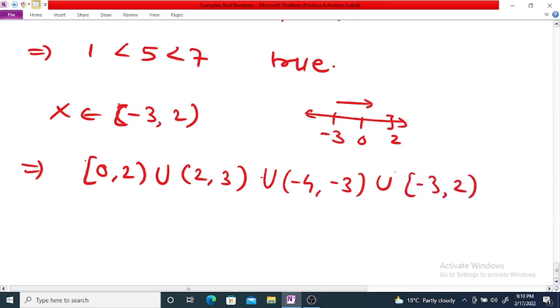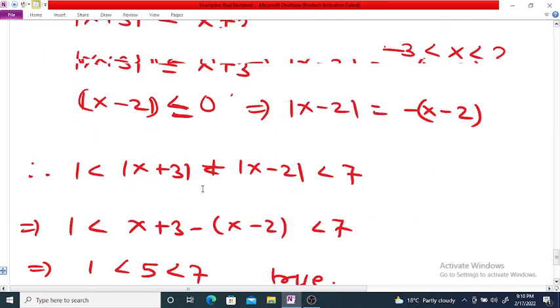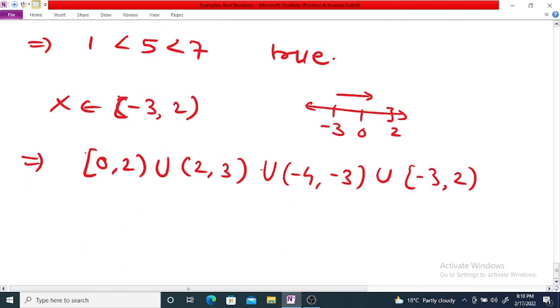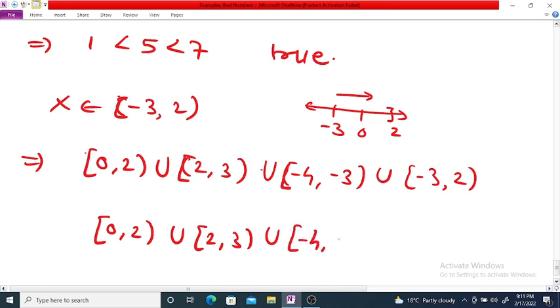For closed interval, again for x equal to 2, we want to include this 2 here. Also minus 4 we can include, minus 3 is included here. So this answer is 0 to 2 union 2 to 3 union minus 4 to minus 3 union minus 3 to 2.